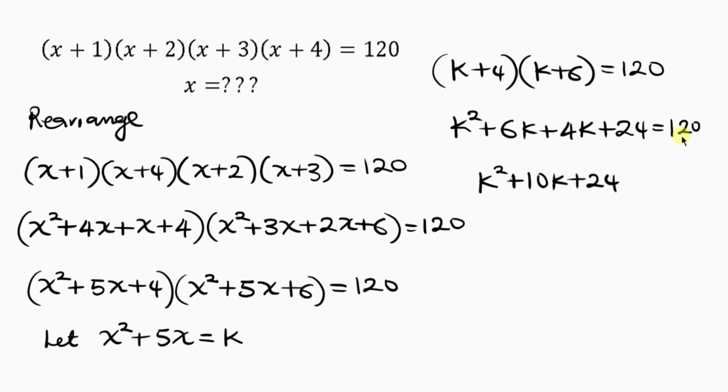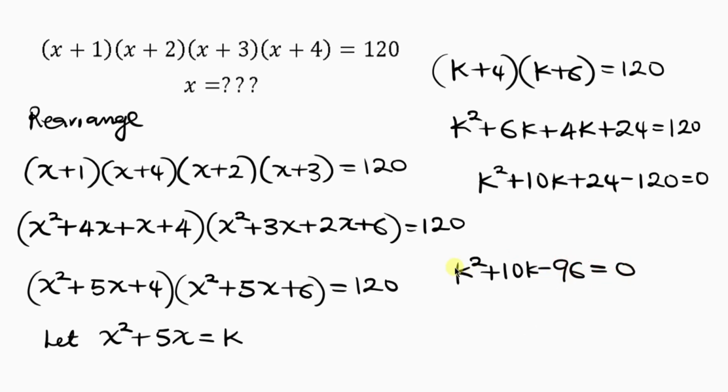I'll be moving 120 to the left hand side so that it becomes negative 120, equal to 0. So this expression becomes k squared plus 10k, now 24 minus 120, which becomes negative 96, equal to 0.